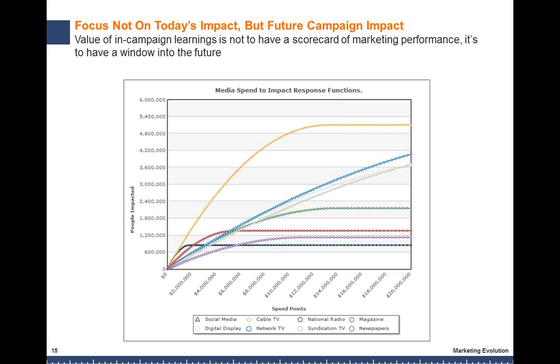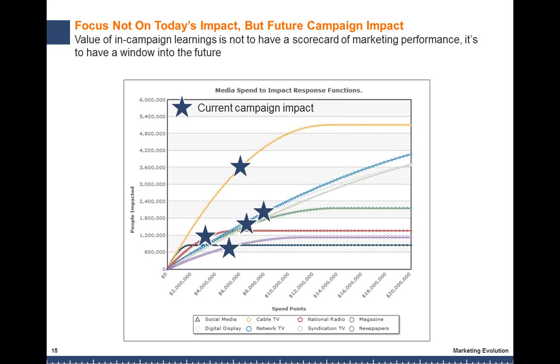So a critical part of making these in-campaign decisions is not just taking ROI on that curve today. Here, the y-axis is the number of people you're expected to convert at different levels of spend. In the case of broad cable TV, at $6 million, you're expected to influence 3.6 million people.